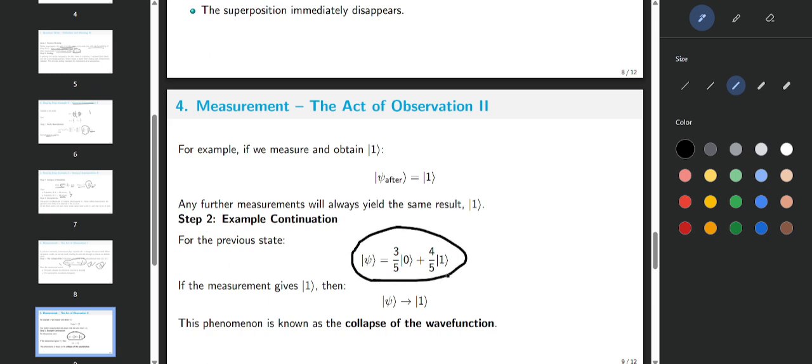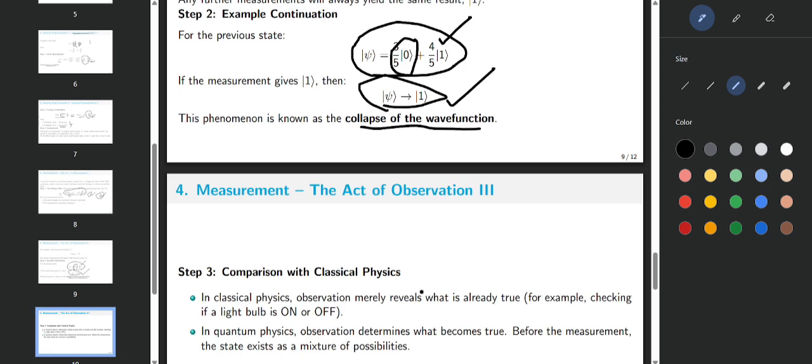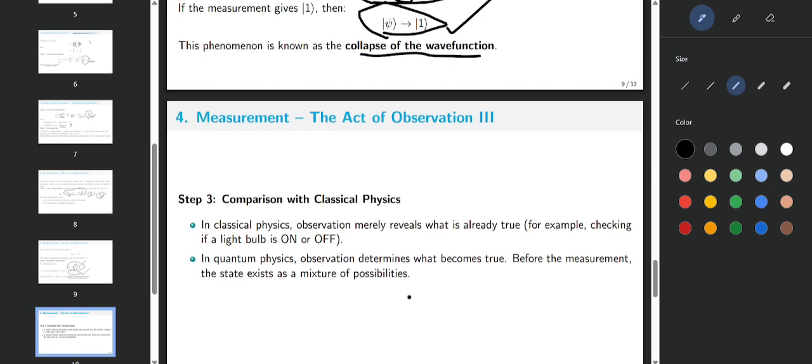This information is gone, and this will only give us ket 1. That is why I said it is the collapse of the wave function. I think I already explained all those things. In classical physics, you have only two certain outputs, whereas here there is a mixture of possibilities.